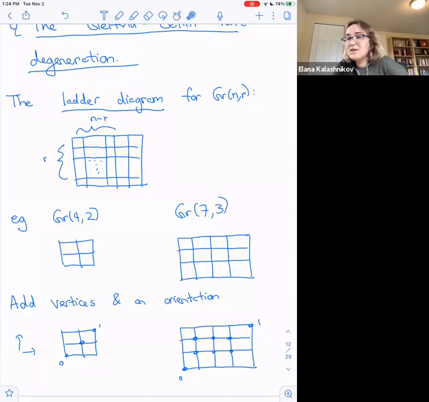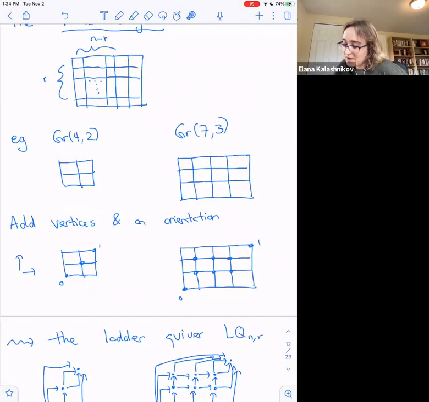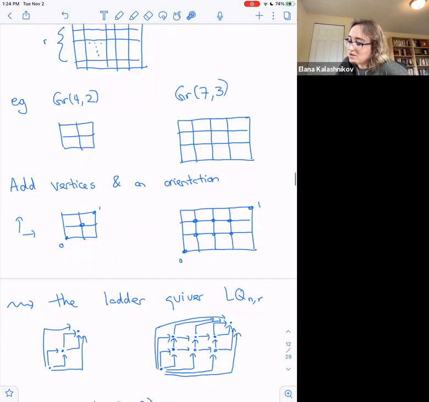With those ingredients, you can define the ladder quiver. I'm going to denote the ladder quiver L_{r,n}. It's obtained by taking the same vertices that you had over here, and then arrows are given by looking at paths between the vertices which don't pass through any other vertices.